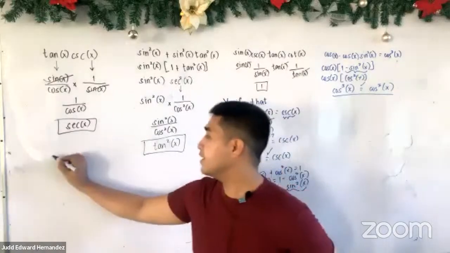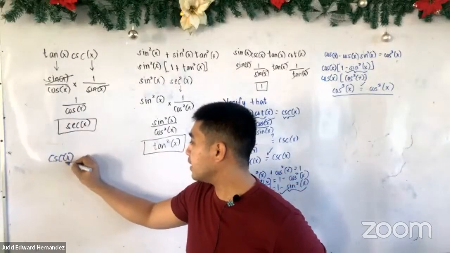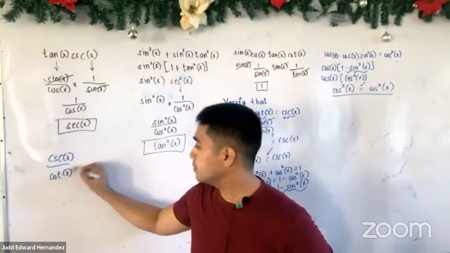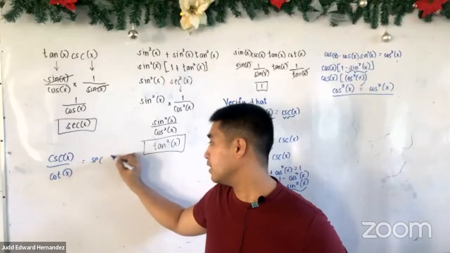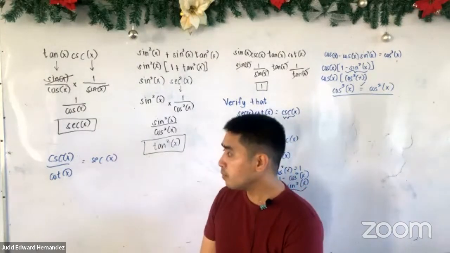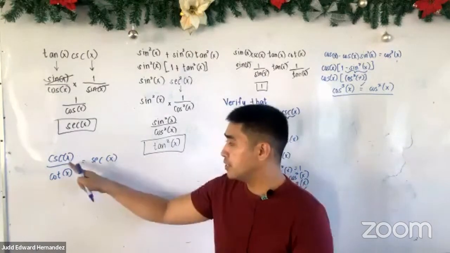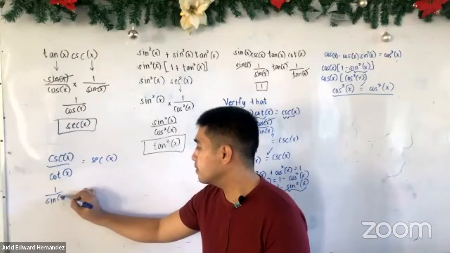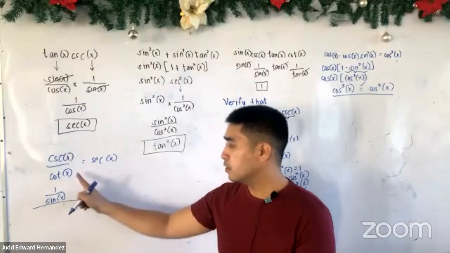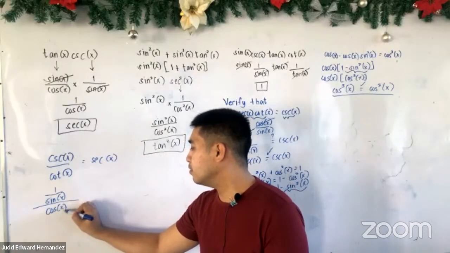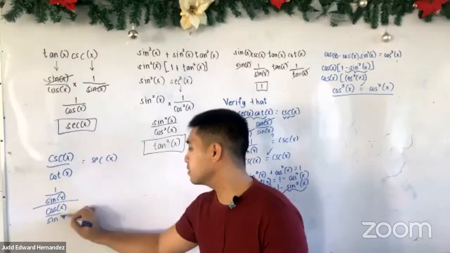Let's verify that cosecant of x over cotangent of x is equal to secant of x. Okay, this is very easy. We could say that cosecant of x is equal to 1 over sine of x over cotangent of x is equal to cosine of x over sine of x.